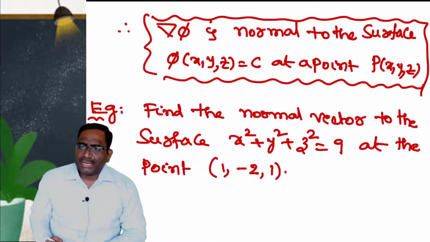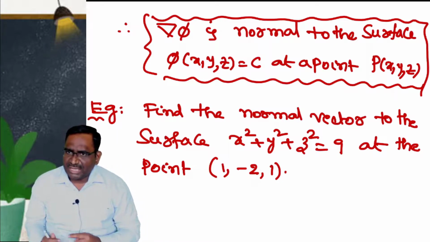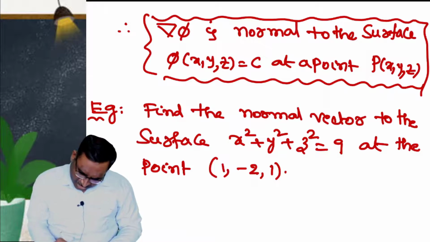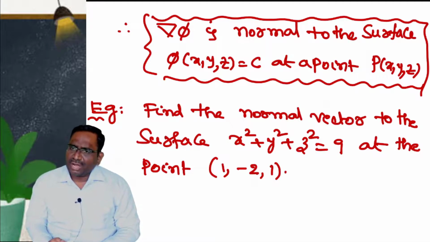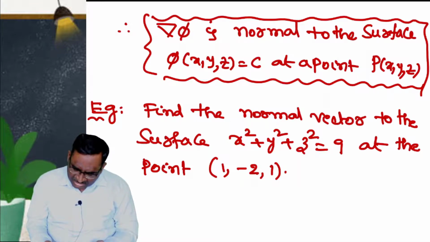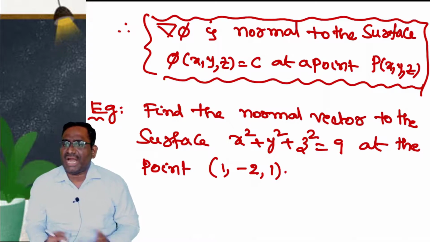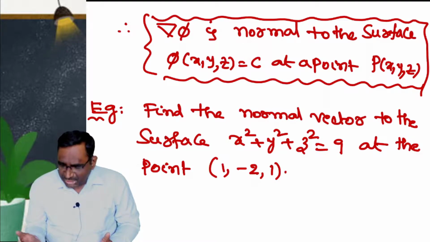So immediately you can observe what the normal vector is. If you write down the solution, the normal vector is nothing but the gradient of a scalar point function, grad phi, to the level surface.